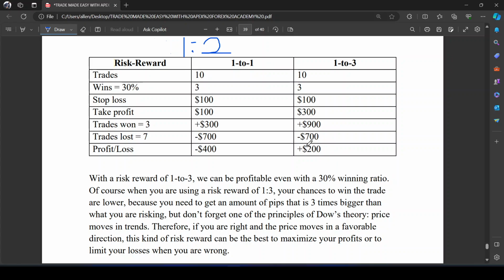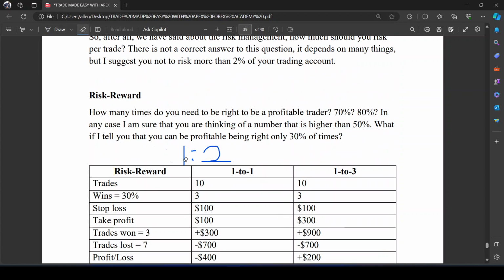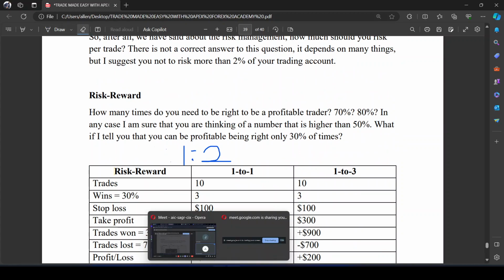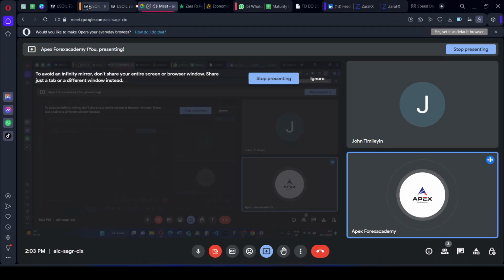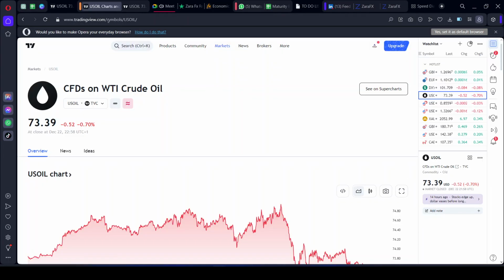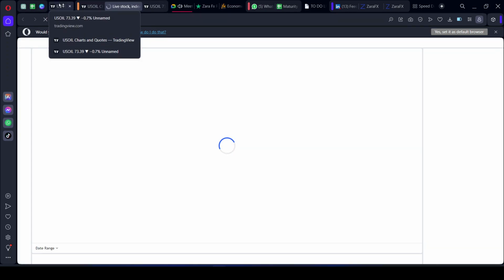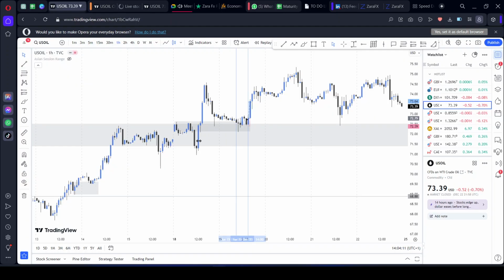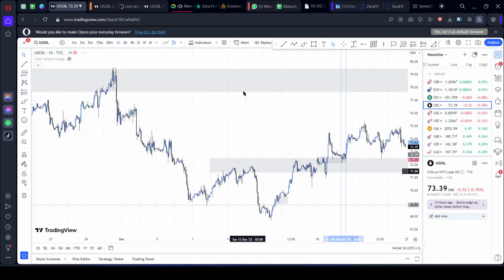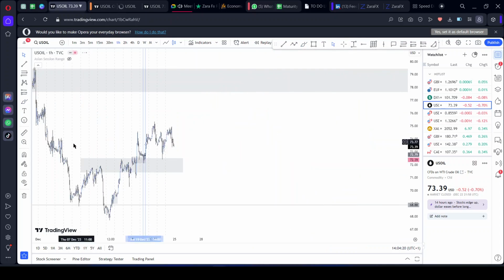So let's do this for 1:2, which is usually what we use the most. Let me look for a clean slate.